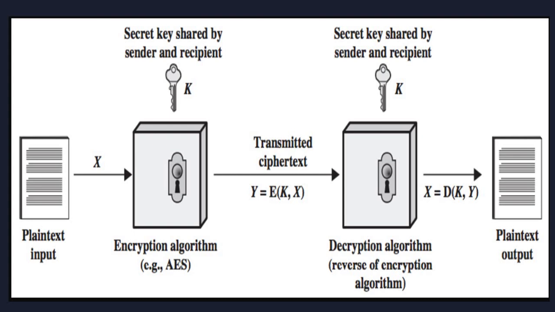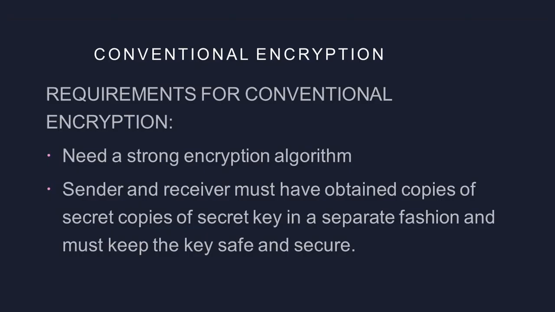Here we call it a decryption algorithm. The reverse process takes place, and the key is used to open it, so that you get the expression x = D(k, y). You are able to retrieve the original message, which is called the plain text.